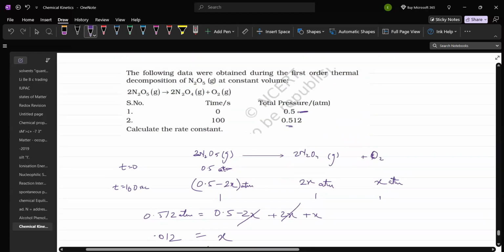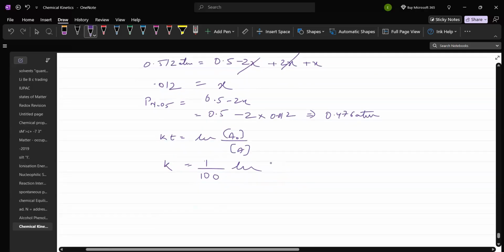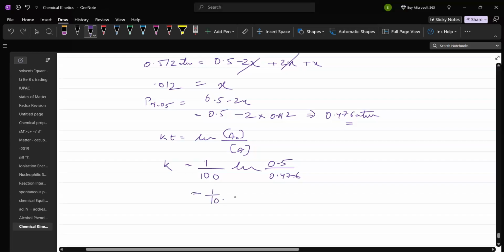The initial pressure of N2O5, which is 0.5. Then the final pressure after 100 seconds was a little less, which is 0.476. So when you solve this, k equals 1 by 100 times ln 0.5 upon 0.476, which will be like 1.05.